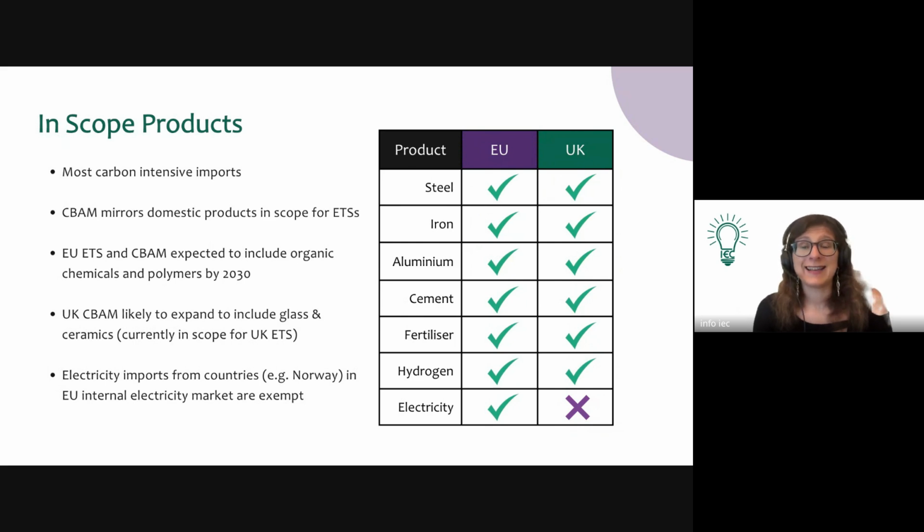So that's things like plastics and petrochemicals that are imported in large quantities, particularly from Russia and Eastern Europe and the United States and the Middle East. So important to keep an eye out on it, even if you're not affected by either CBAM regime today.